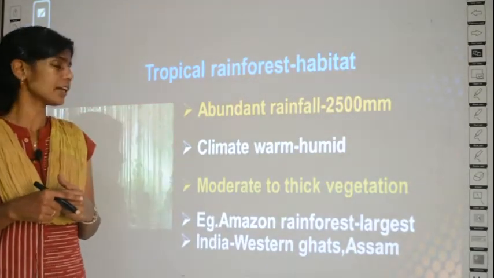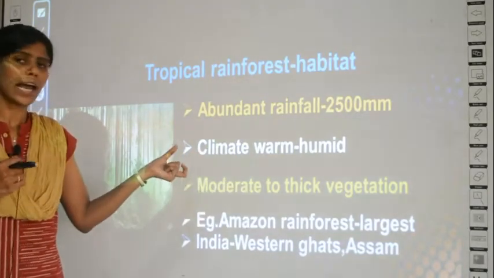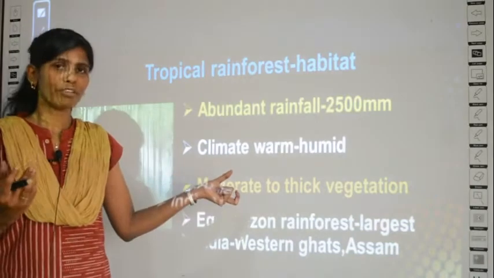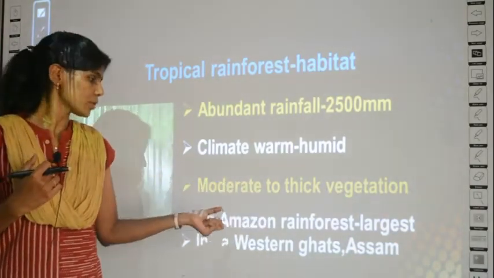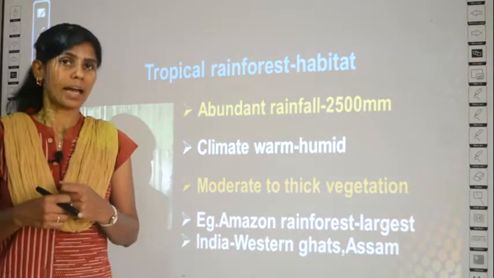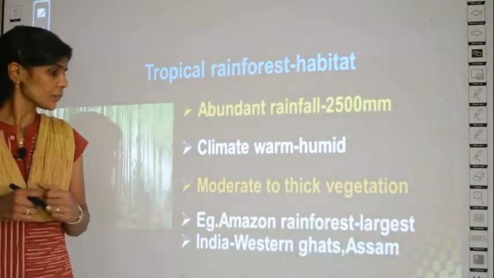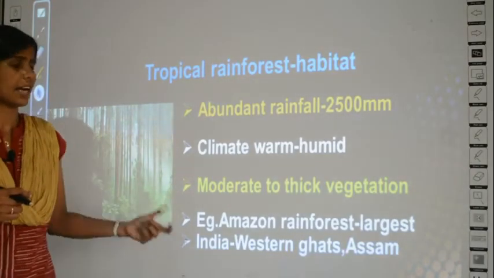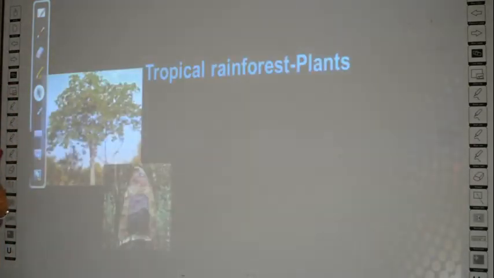The climate is warm and humid, and since the climate and rainfall support vegetation, the vegetation is always thick, and the largest tropical rainforest on the earth is Amazon rainforest. In India you can find these rainforests in Western Ghats and Assam. Okay, so this is about tropical rainforest habitat.